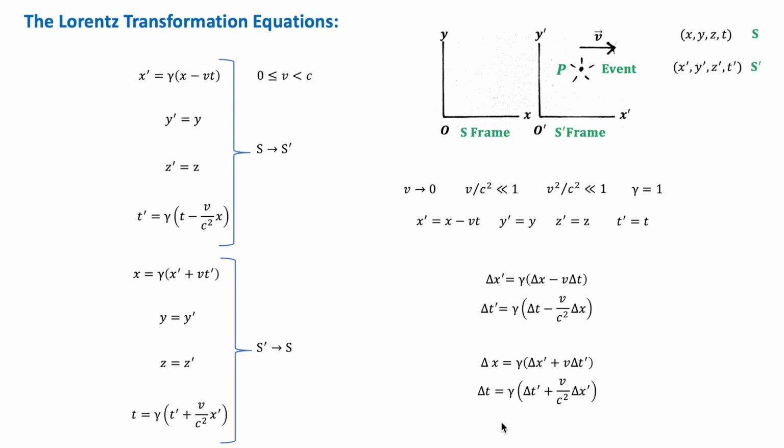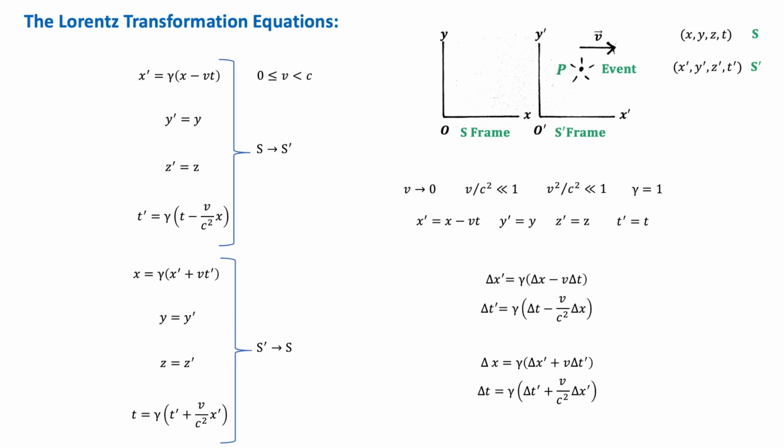So suppose an event occurs at a point P and is reported by two observers. So one is at rest in the frame S and the other is in the frame S dash, which is moving to the right with a speed v, okay? So the event for observer S occurs in the space-time coordinates x, y, z, t, while for observer S dash, the same event is described by these coordinates.